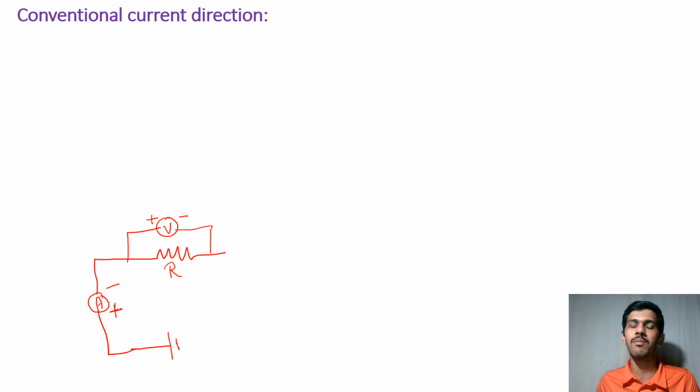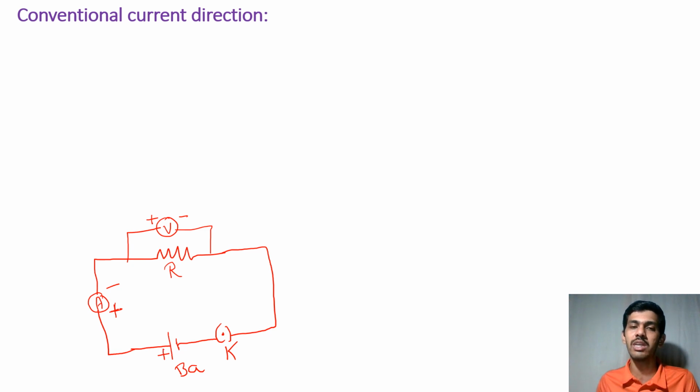There is a rule for representing this positive and negative. Wherever you connect the positive of the battery, there you have to connect the positive of the voltmeter as well as the ammeter. Let us assume this is a general circuit, this is the key K and this is the battery, and on the battery this side is positive.